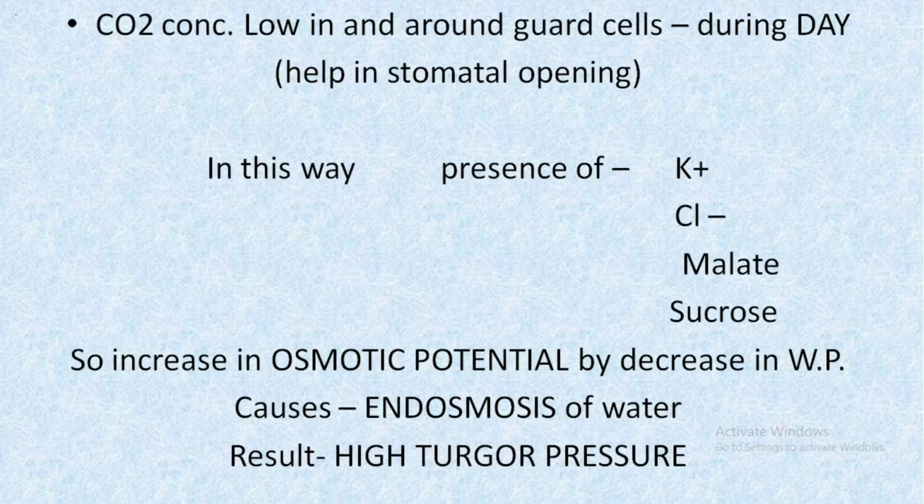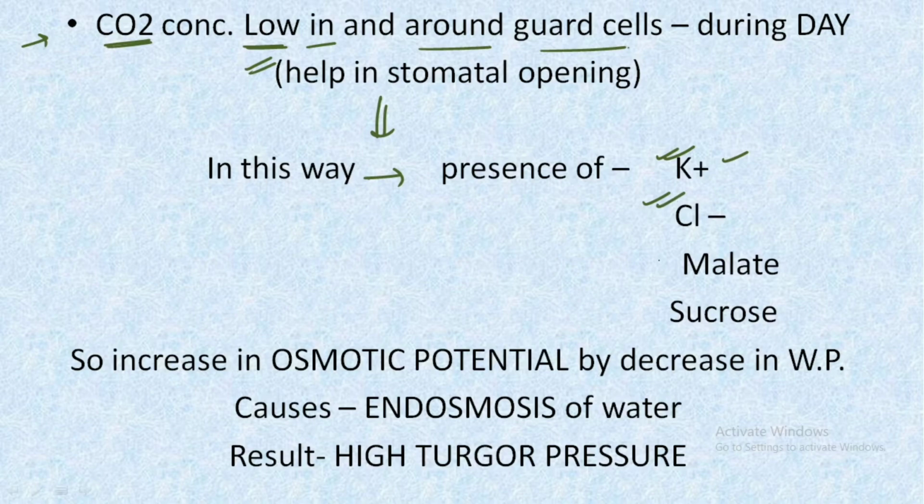And as we know, during the daytime there is less carbon dioxide concentration in and around the guard cell, which also helps in the stomatal opening. Now we could say that the presence of K plus, Cl minus, malate and sucrose in the guard cells helps in the opening of the stomata during the daytime.